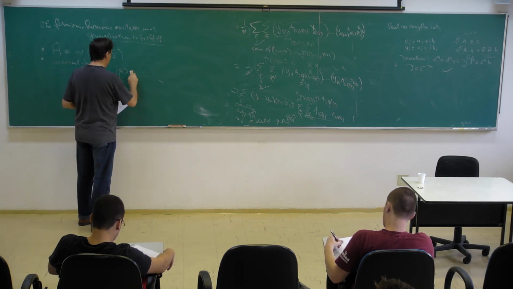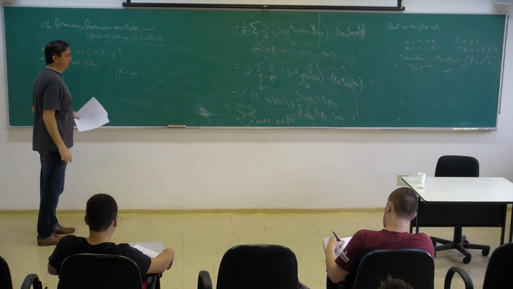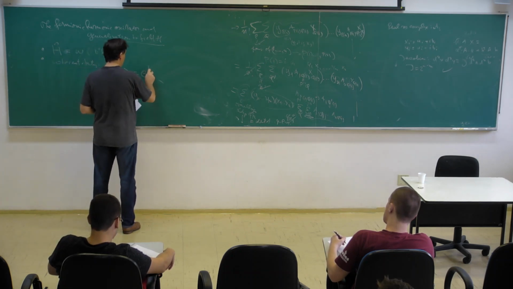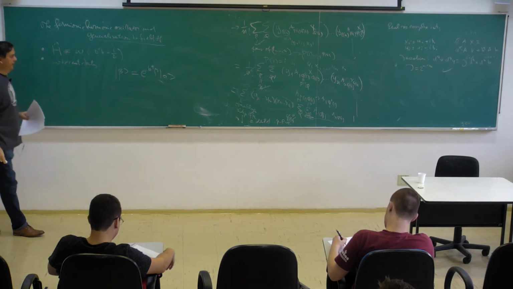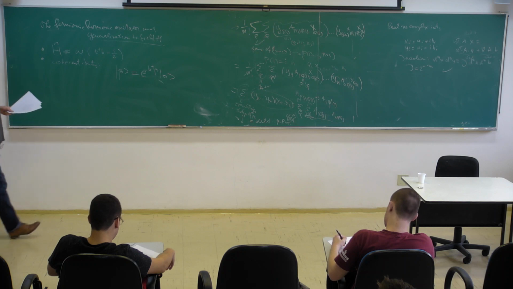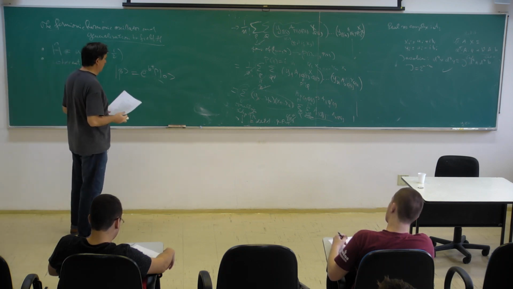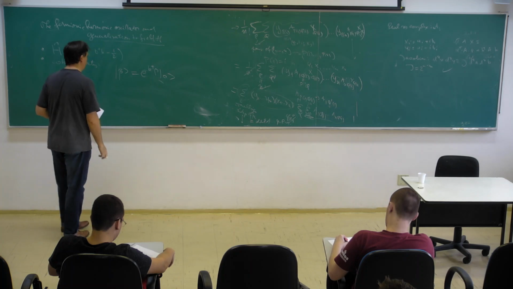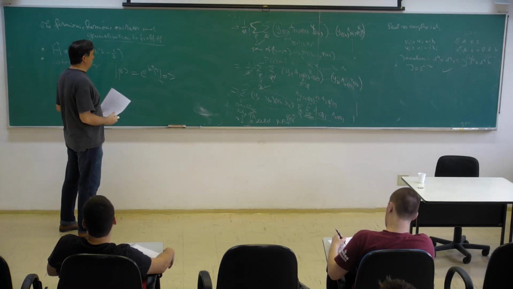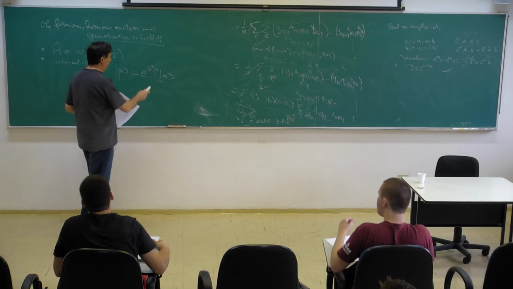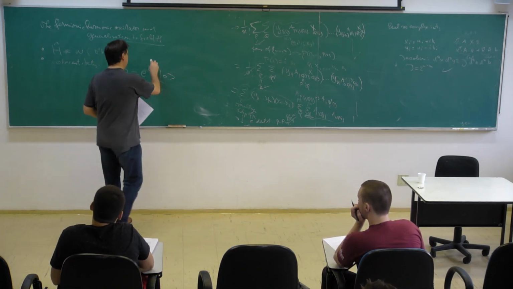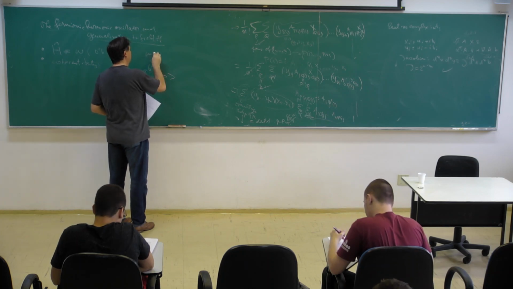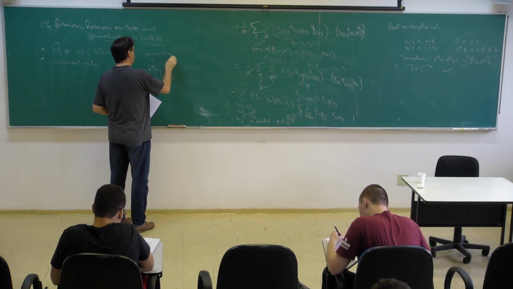So these were states that were obtained by exponentials of creation operators acting on a vacuum state. Just that now these are fermionic creation operators, and moreover, also beta is a Grassmann number.